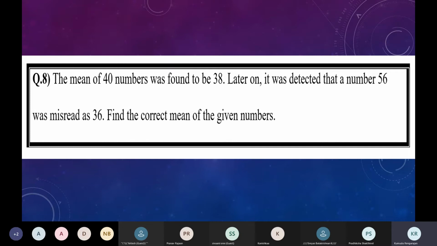To find the new sum, will you write all the numbers and add again? No, you have the sum with you. From the sum, what will you do? Ma'am, I said that we should subtract 36 and 56, ma'am. We'll get 20, ma'am. And add to the 1520, we'll get 1540, ma'am.